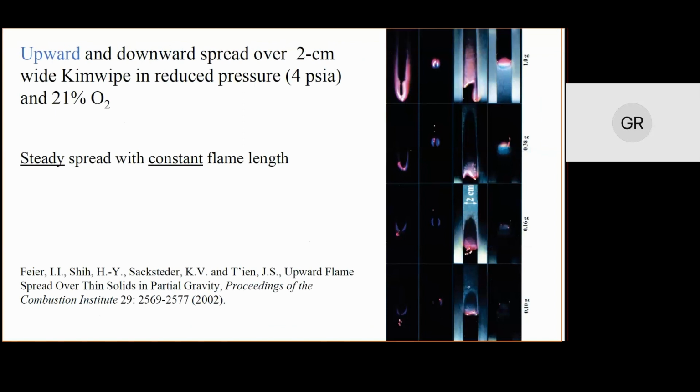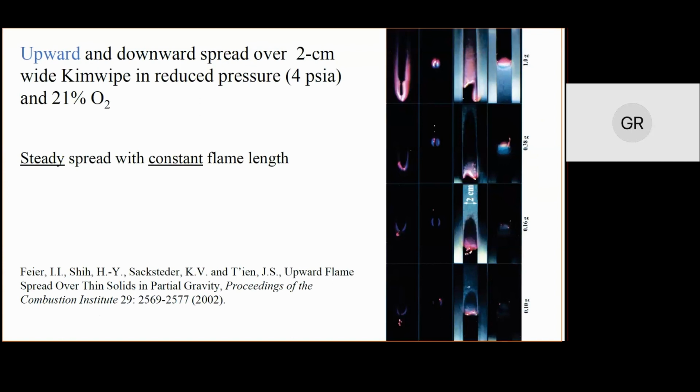Then Youngfair did another experiment with upward spread, and this is on 2 centimeter wide Kimwipe at reduced pressure. The narrow sample and the reduced pressure make it possible to see a flame where its length is limited. In other words, the upward spread was first going to grow and then stop at a certain height.